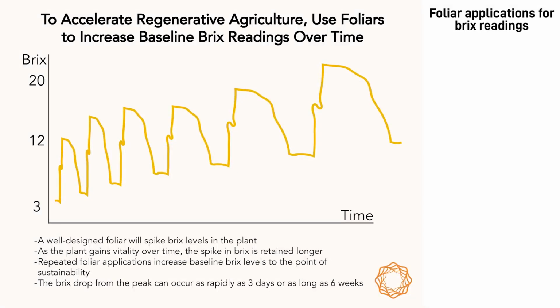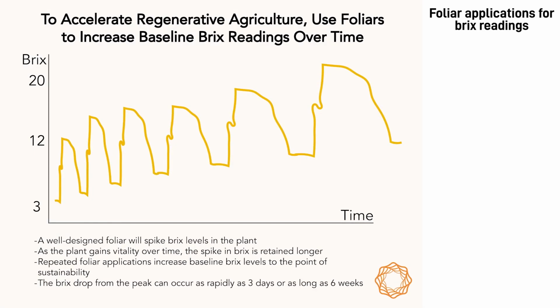Then the Brix reading will gradually drop back down from a 12, perhaps down to a 4.5 or a 5. The speed at which it drops from the peak can vary. In really healthy ecosystems, where we have vibrant soil health, vibrant microbial communities, and really vigorous plants, we can sustain this elevated Brix reading for as much as 4 to 6 weeks.